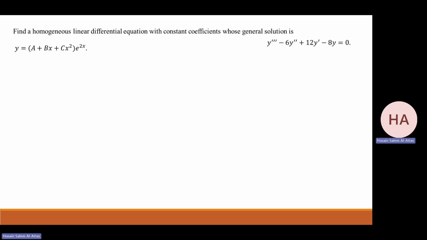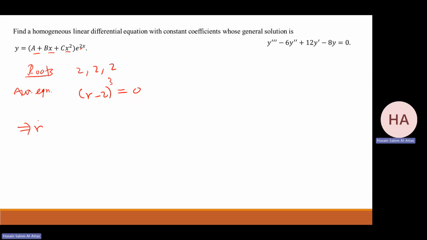Now what are the roots? I have 2 repeated how many times? 3 times: 2, 2, 2. So the auxiliary equation will be r minus 2 to the power 3 equals 0. You can open this.